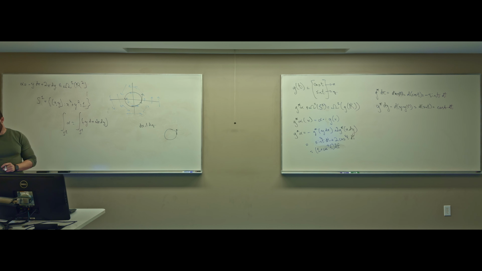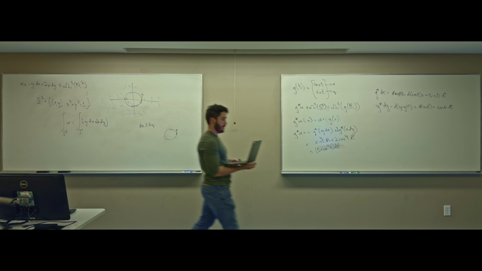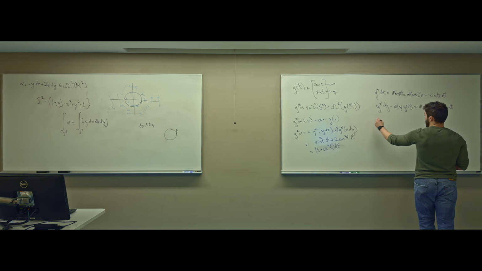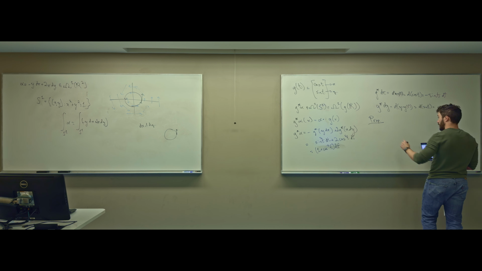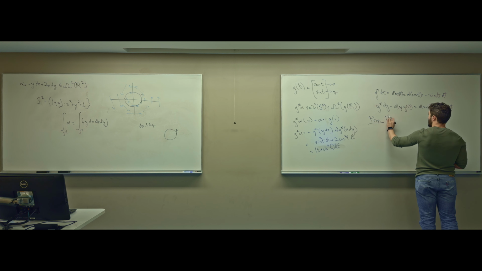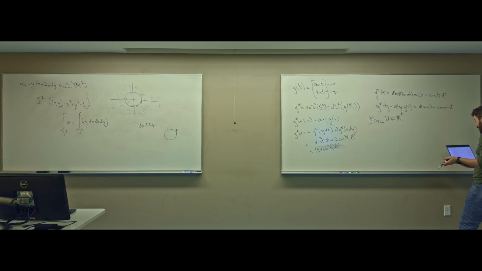Now, the idea is, how does this work? This theorem's a little technical. So, proposition. Let U in Rn be a region. That means an open set, or at least part of a closure of an open set.